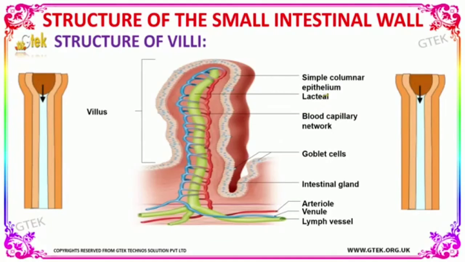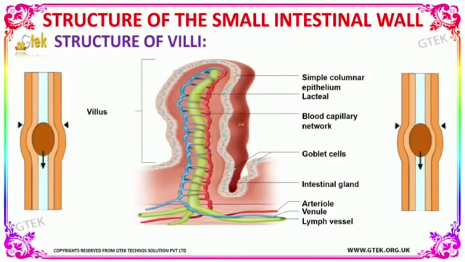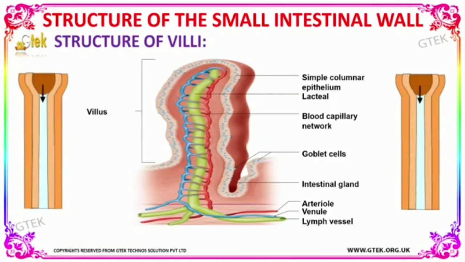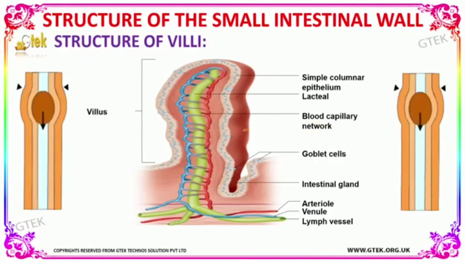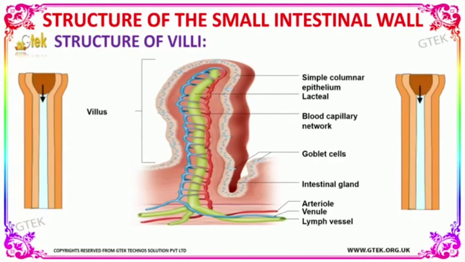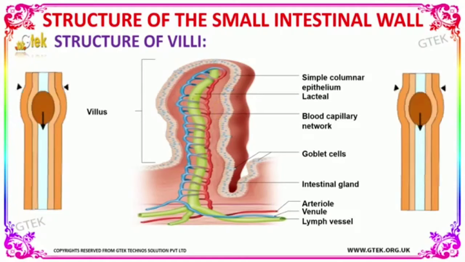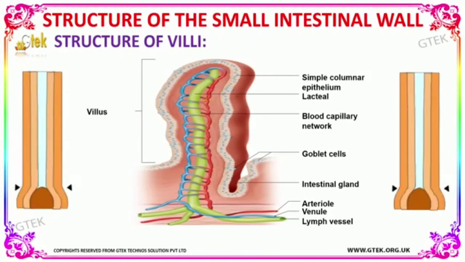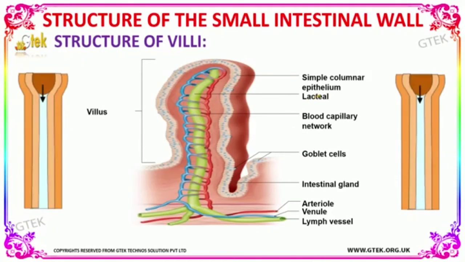So your villus will have a simple columnar epithelium, inside which you will be having the blood capillary network, and your blood capillary network encapsulates the lacteal.